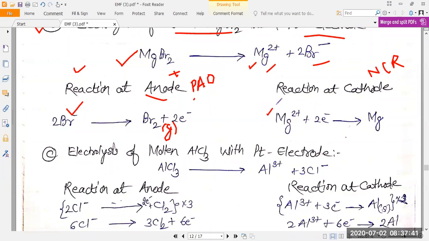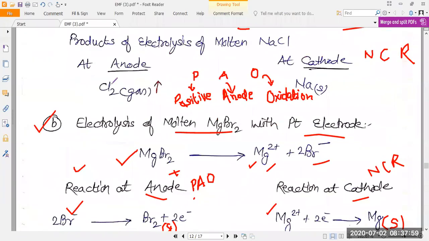So the cathode side is negatively charged, and magnesium ion goes to the cathode side, accepts electrons and converts into magnesium metal. This is the solid magnesium metal we get at cathode side. So these examples are clear to all of you.